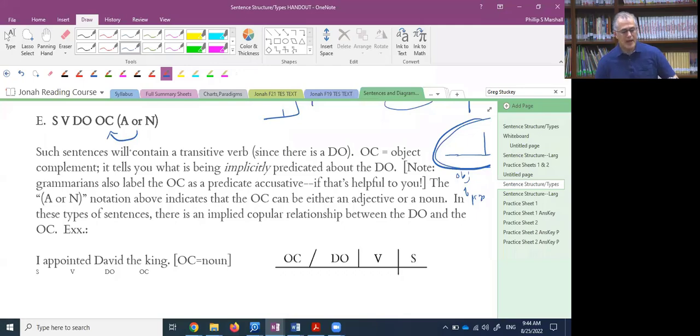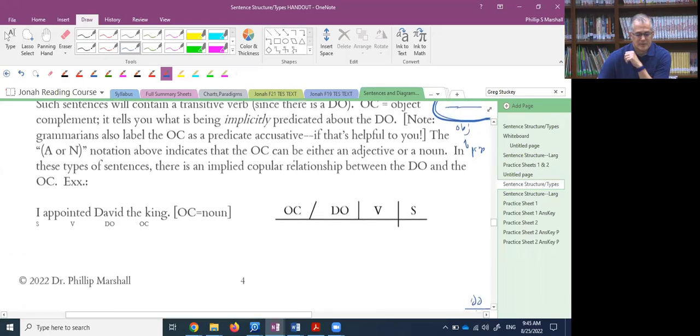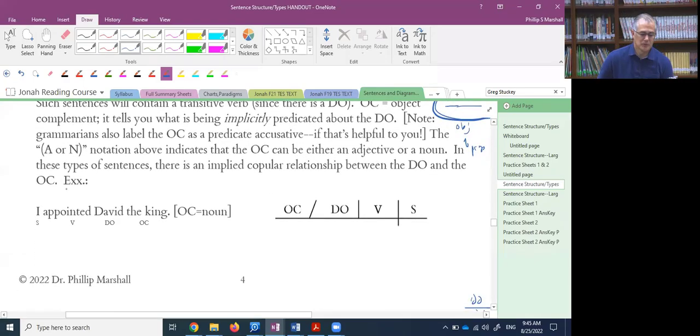But what you have are certain types of verbs that take a direct object, and then they take an object complement, sometimes in the form of an adjective, sometimes in the form of a noun, where the object complement word is implicitly now describing or predicating something about the direct object. So let me give you some examples of verbs that do this. The verb to appoint can be used in this type of structure.